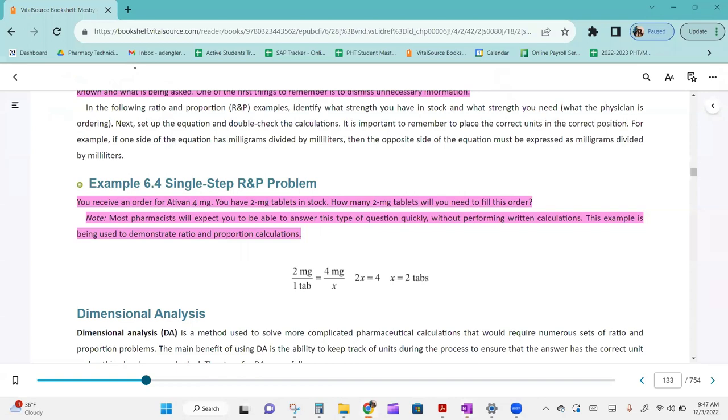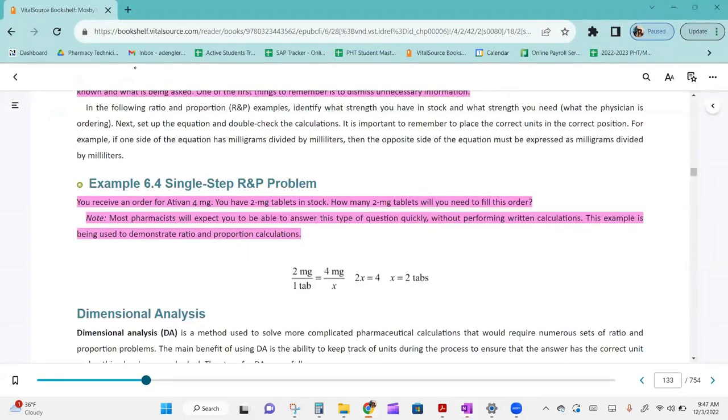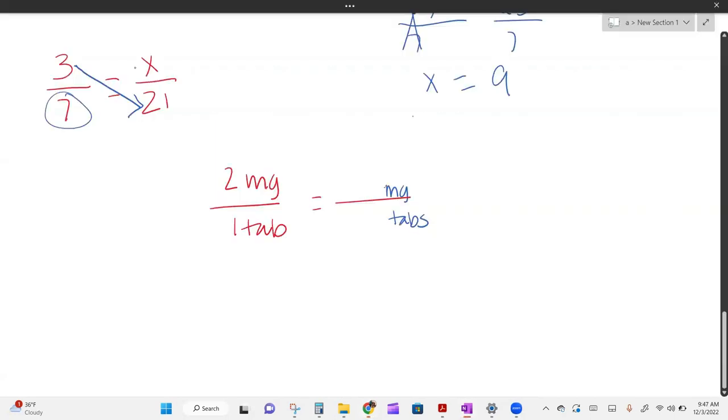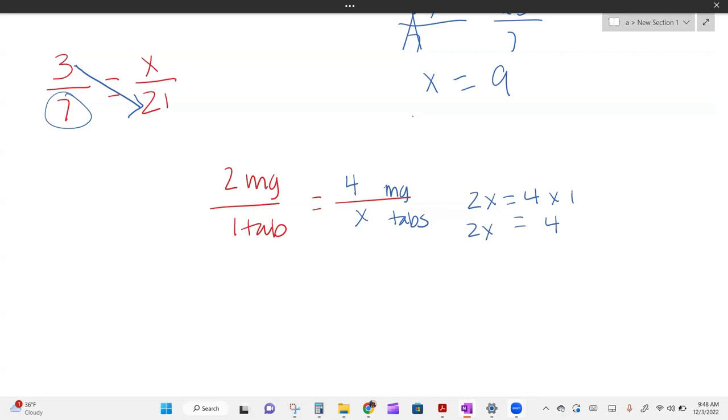It's asking me how many 2 milligram tablets do I need to fill a 4 milligram order. So my 4 milligram is going to go here, and I don't know how many tabs, so that is going to be my X. So you could do 2X equals 4 times 1. 4 times 1 is 4. 2X equals 4.